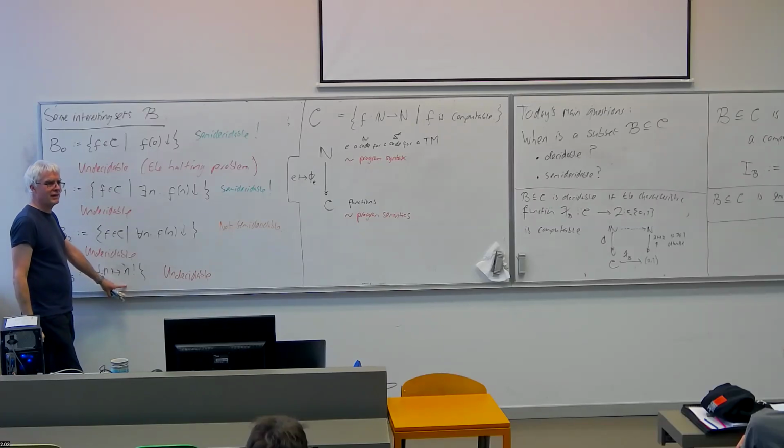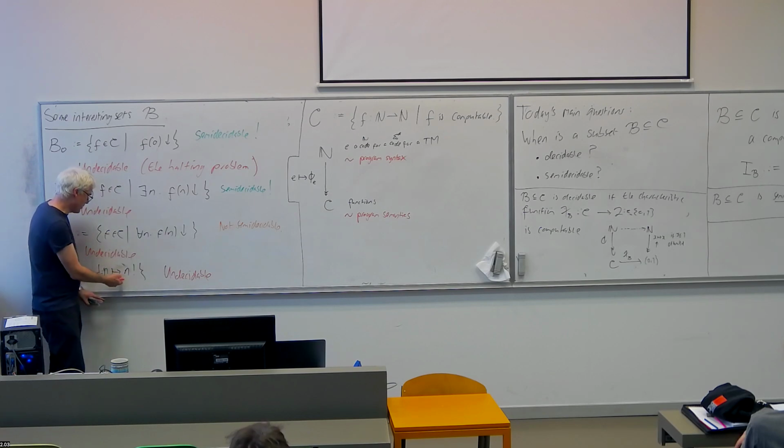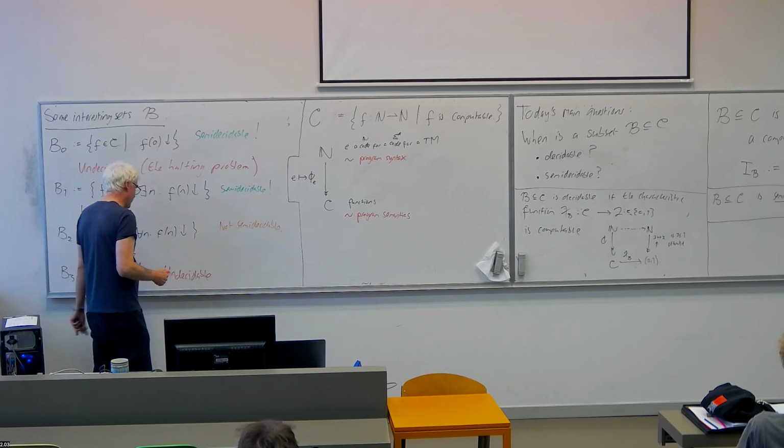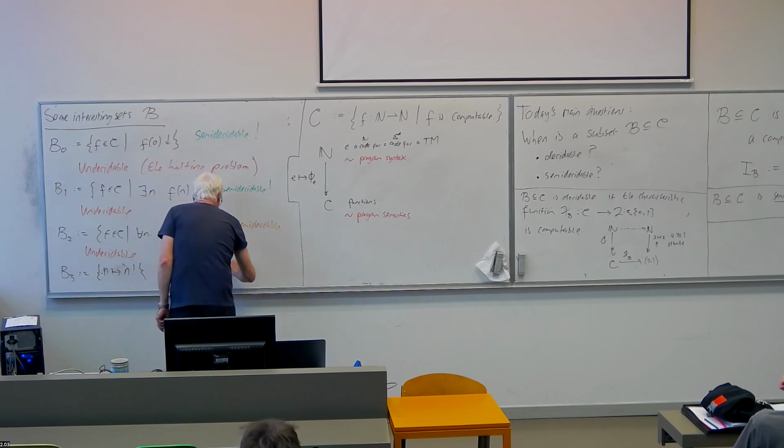Does anyone have a feeling for whether this is semi-decidable or not? It's not going to be semi-decidable, because there's no clever way of doing it. If you were doing it naively, you need to check infinitely many things, that it's correct on infinitely many arguments. This is again not semi-decidable.